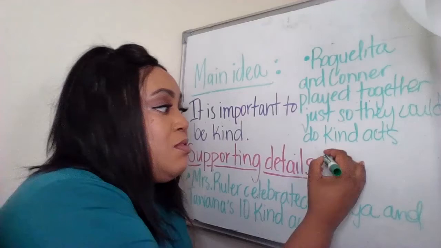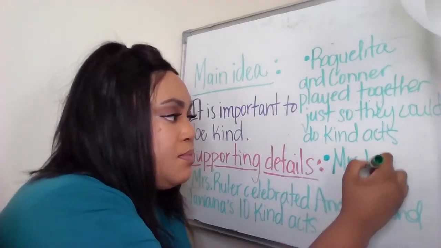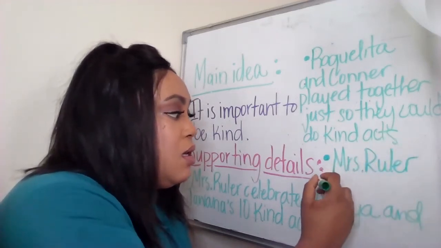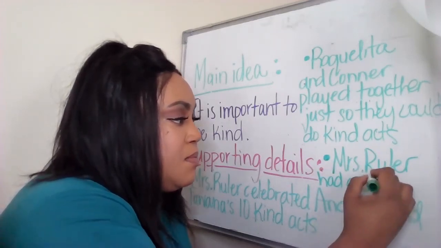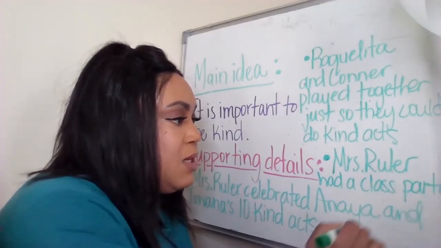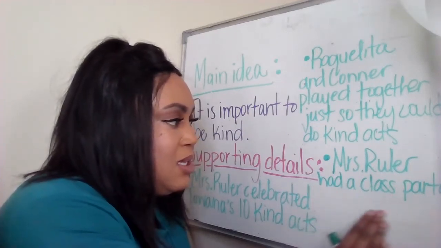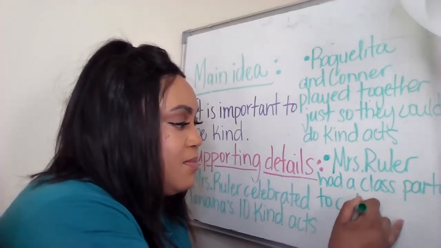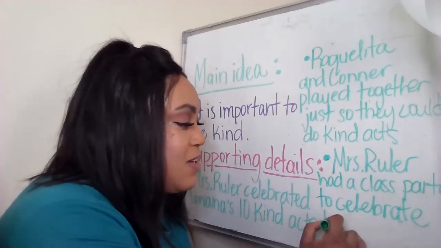And I'm thinking of one last huge detail that proves that the main idea is that being kind is important. If we remember at the end, Mrs. Ruler had a class party. Oh, I'm running out of room. I'm going to erase this. You've seen it though. You can rewind it if you missed it. Mrs. Ruler had a class party to celebrate what? 100 acts of kindness.